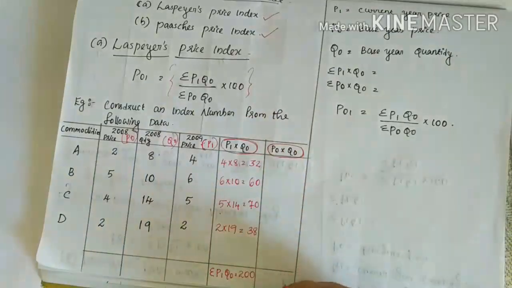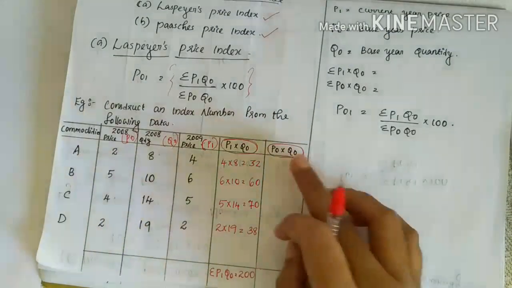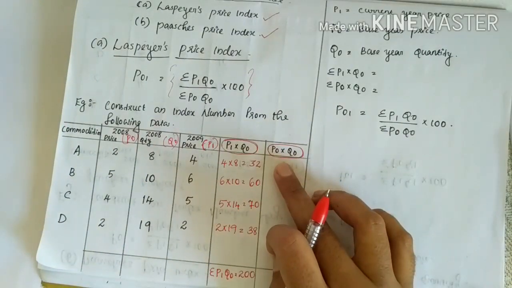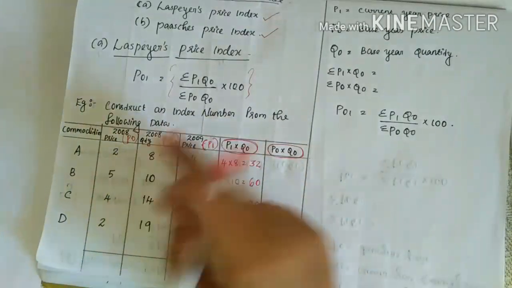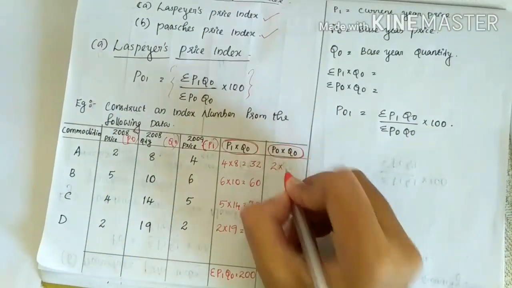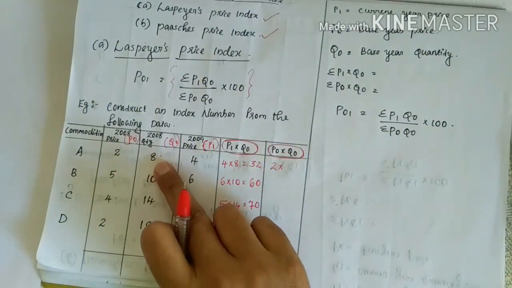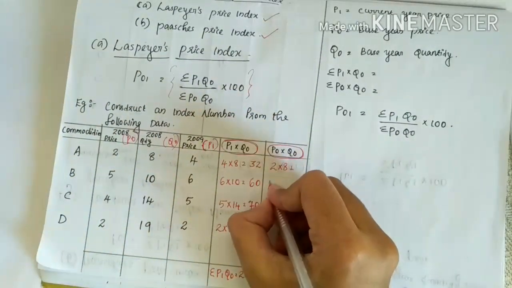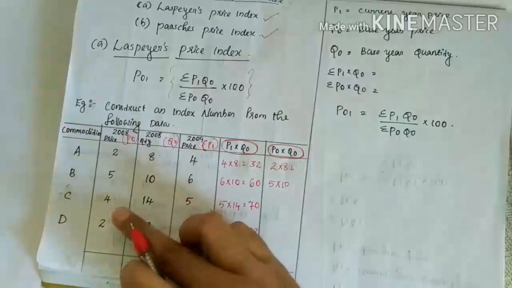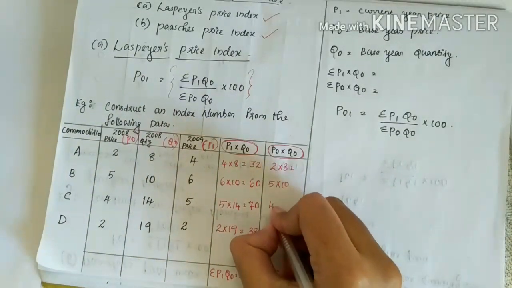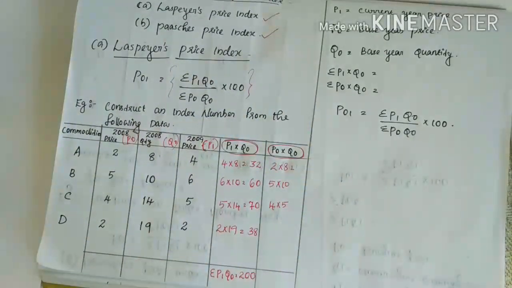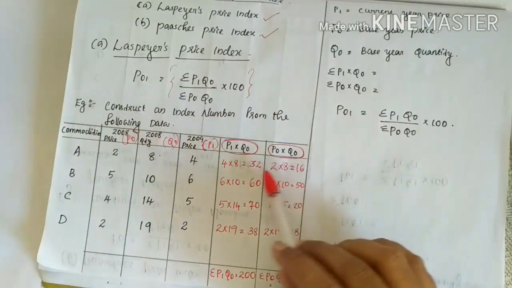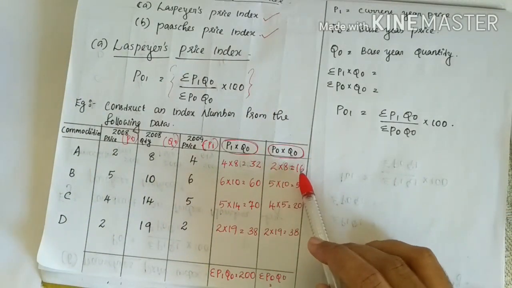Then after finding the sigma P1 into Q0, next you have to calculate P0 into Q0. Here the P0 is 2 and Q0 is 8, 2 into 8 and 5 into 10. Then 4 into 5, like that. Calculate all the P0 into Q0.